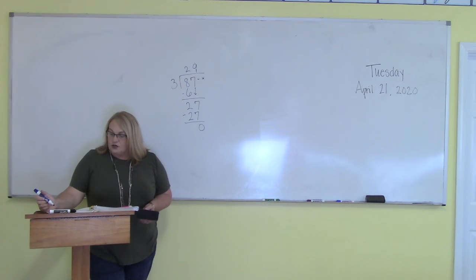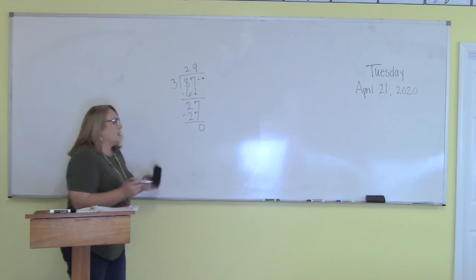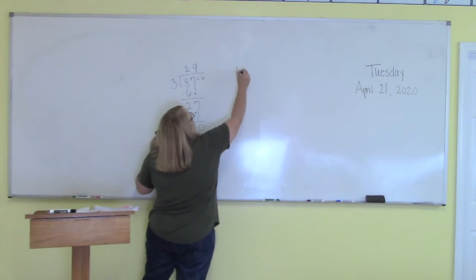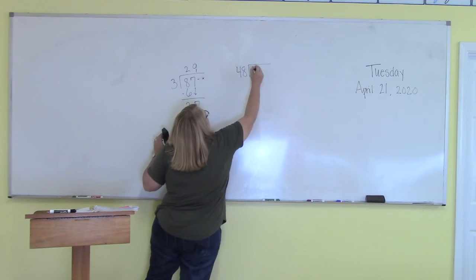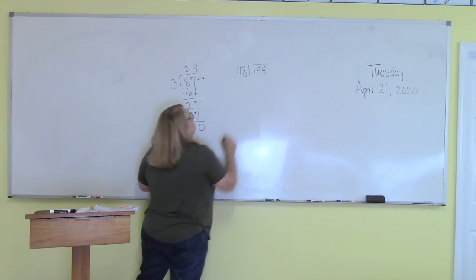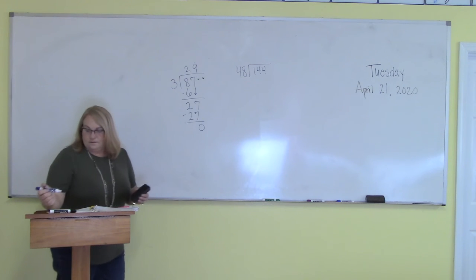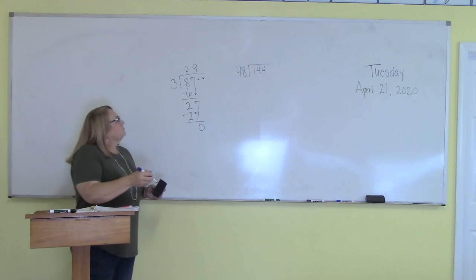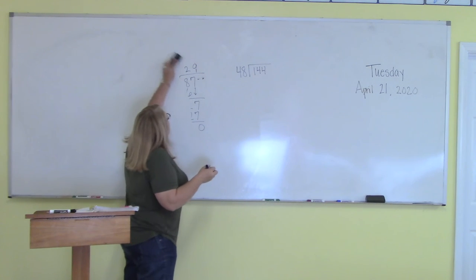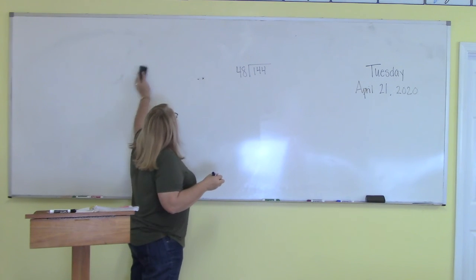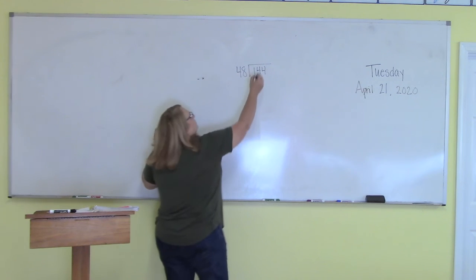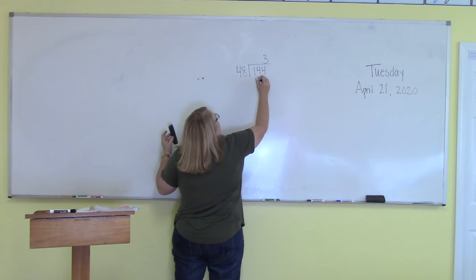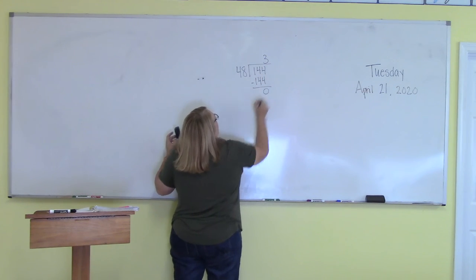And E, 144 inches is how many times as far as 48? So you will divide 48 into 144. All right, good. 48 times 3 is 144.